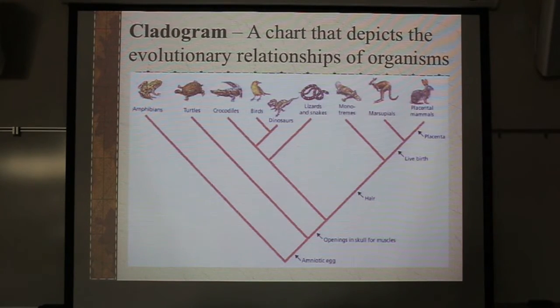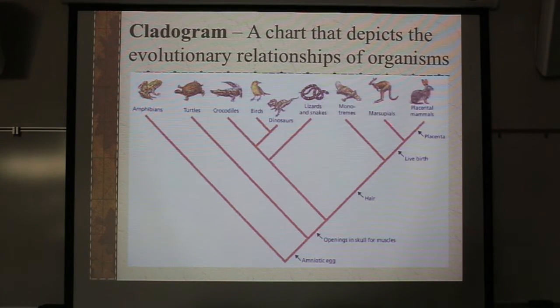Now, the way that we depict the evolutionary relationship of different organisms, based on their evolutionary history and their similarities and differences, there are many ways, but one of the common ones is called a cladogram. In a cladogram, you take the groups of organisms that you want to show how they're related evolutionarily, and you place them on there, and then you have these branching patterns.